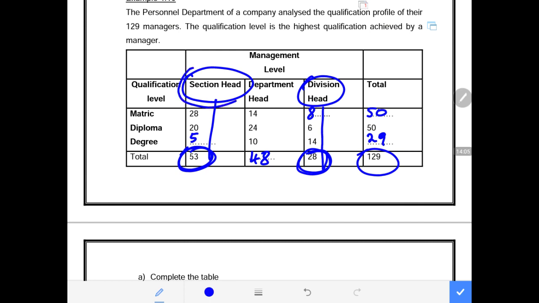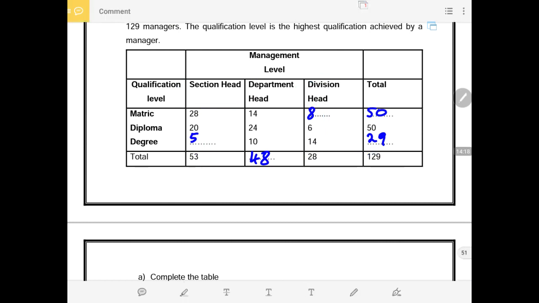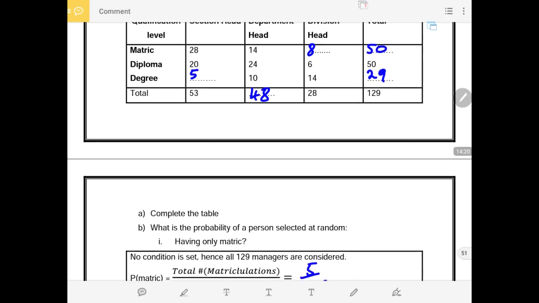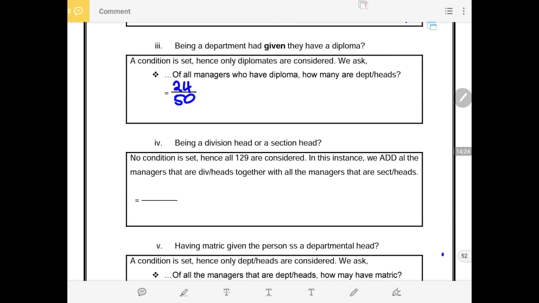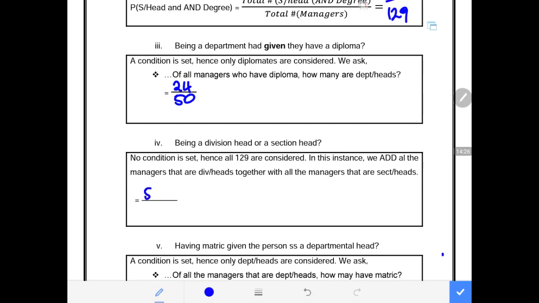Probability of being a section head is 53 plus probability of being a division head is 28, all divided by 129. Now that will be how we respond to this question. 53 plus 28, then that will be the response to this part of the question. It will be 53 plus 28 all over 129.